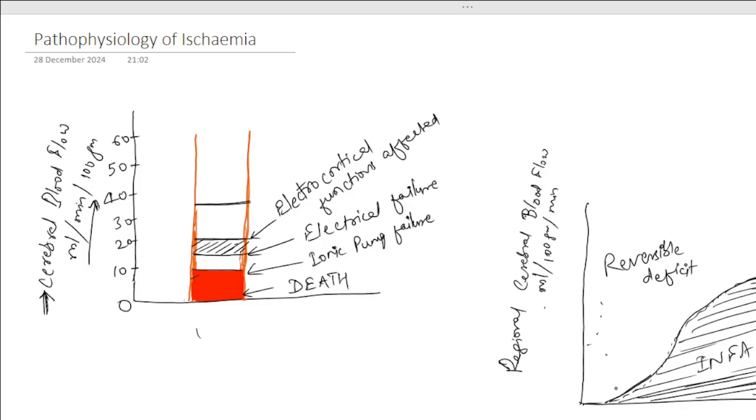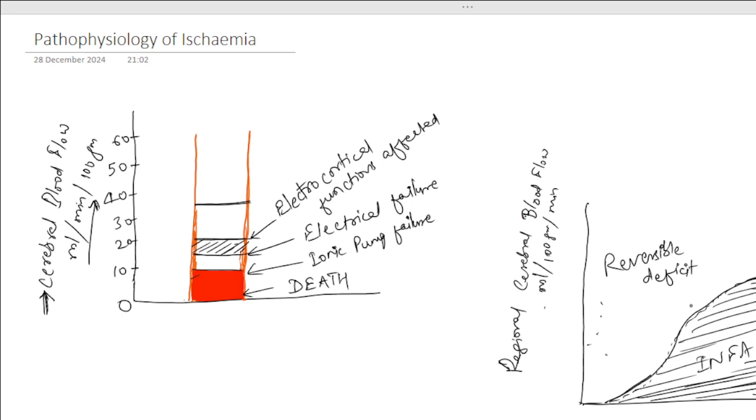So basically what I was saying to you is the duration of ischemia. Okay, the more the duration, the less the chances.